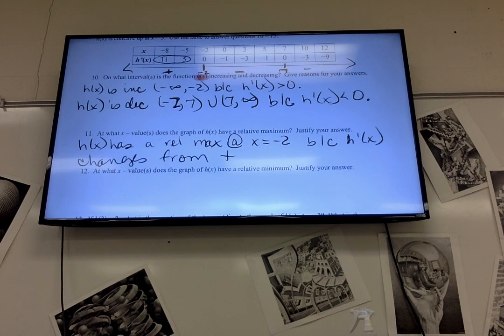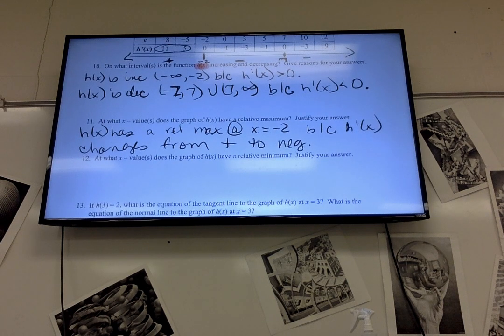We don't have a min. You don't have to make that a point. You don't have to make it negative 2. So h of x does not have a relative min.